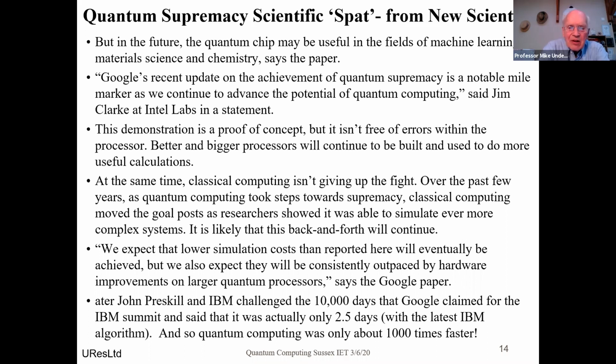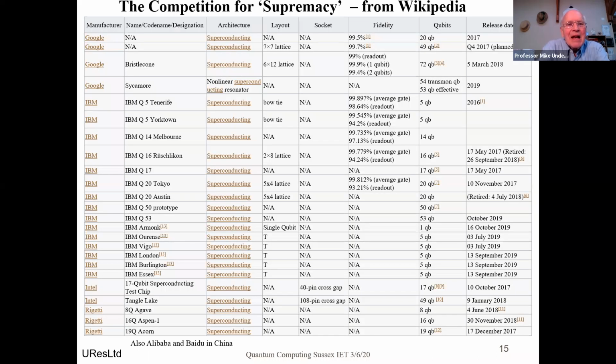So at the end of this little spat, quantum computing was only about 1,000 times faster. So okay, that was still quite an achievement.